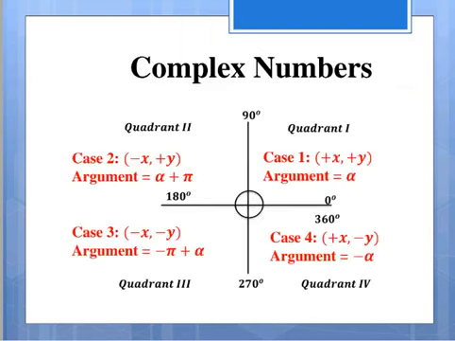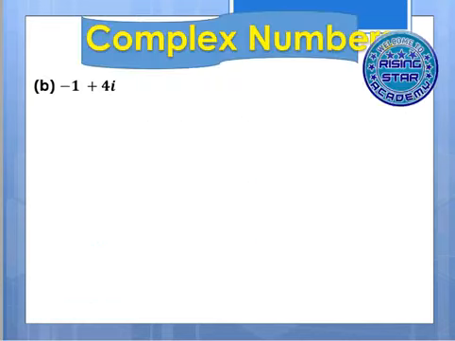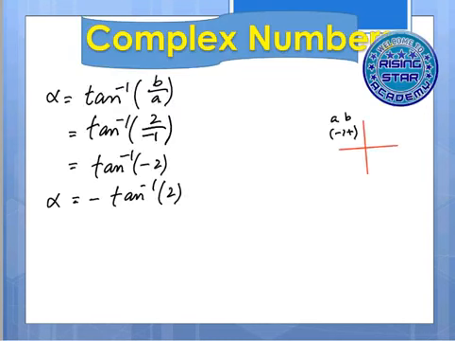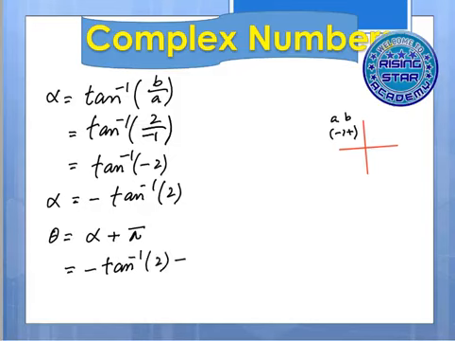Here we can see in the second quadrant we will add pi to the basic angle, that is alpha. So let's write. Theta is equal to alpha plus pi. The alpha is minus tan inverse of 2 plus pi.